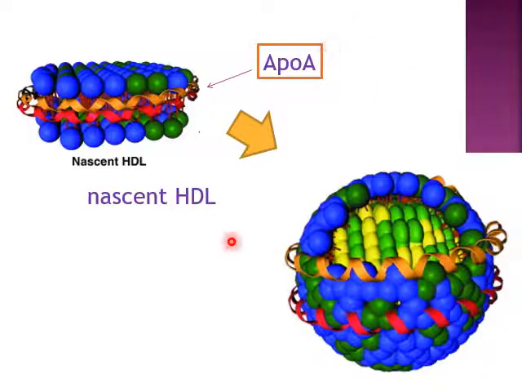First, when the HDL is synthesized, it is in the form of a disc, like an empty ball, and it is called nascent HDL.